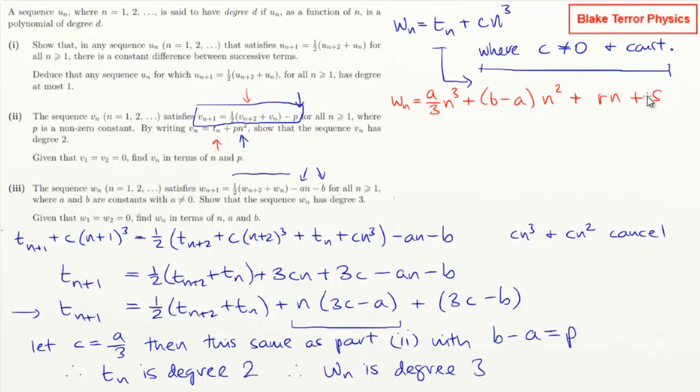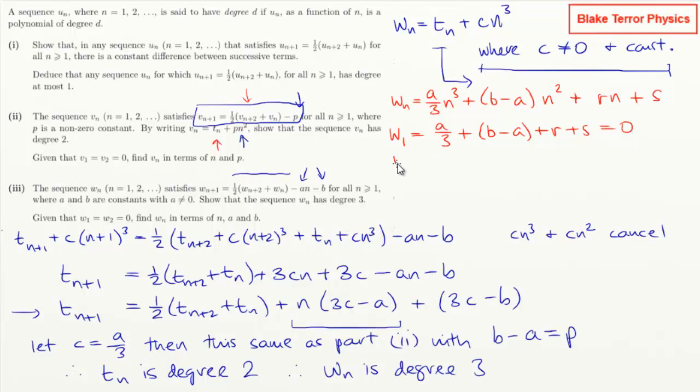Okay, but at least I'm fine on those first two coefficients, we have actually worked out, so that's okay. So W1 then is going to be A over 3 plus B minus A plus R plus S, and that is equal to 0.